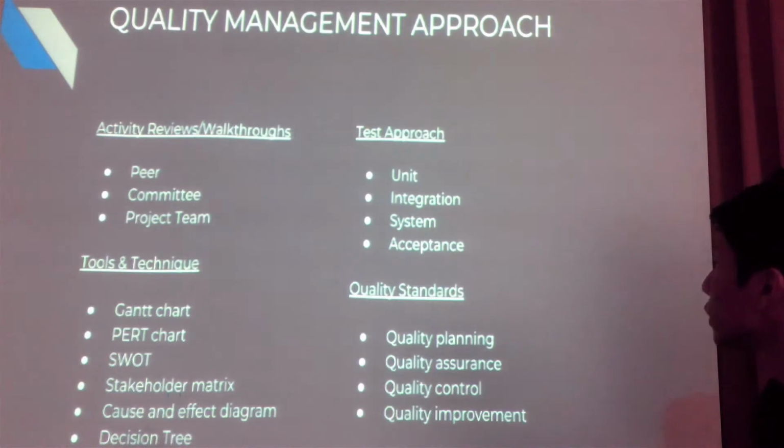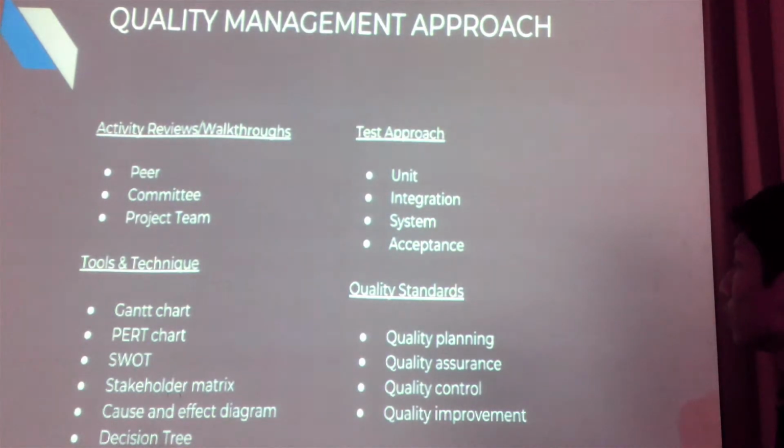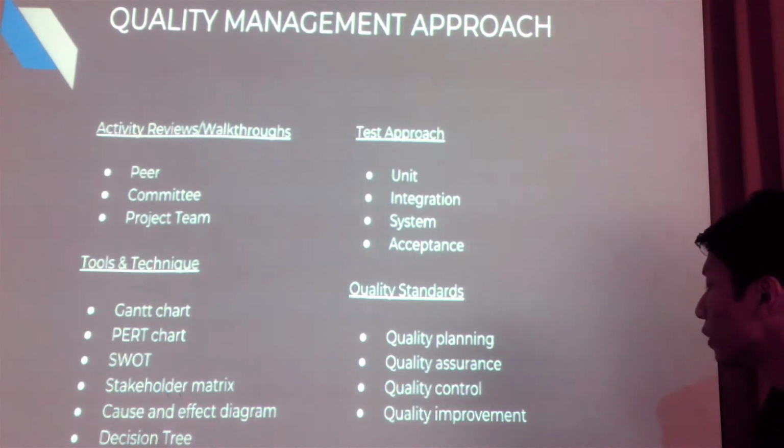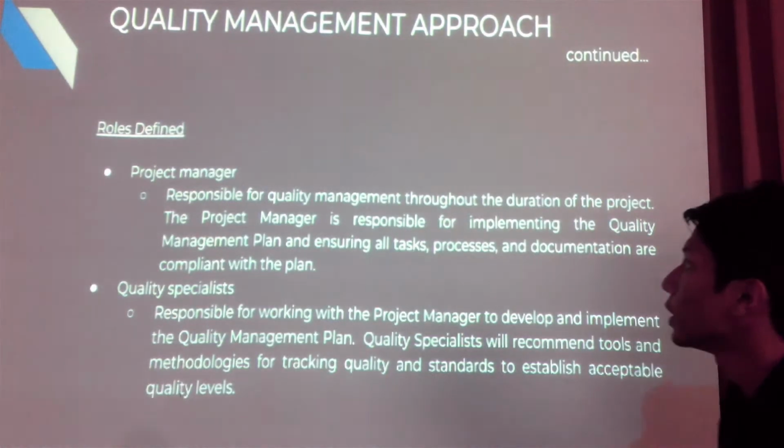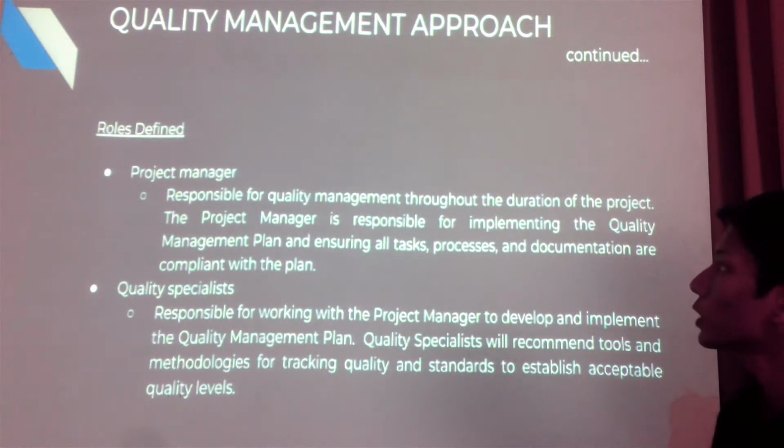Okay, next we move on to the quality standard, that is 4 phases: planning, assurance, control and improvement. Okay, we move on to the next slide. Here are the roles defined in the quality management, that is project manager and also quality specialist.